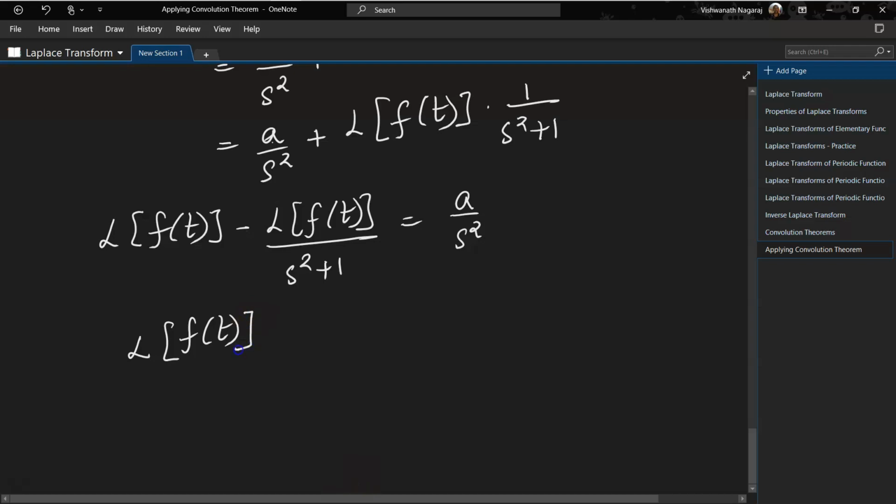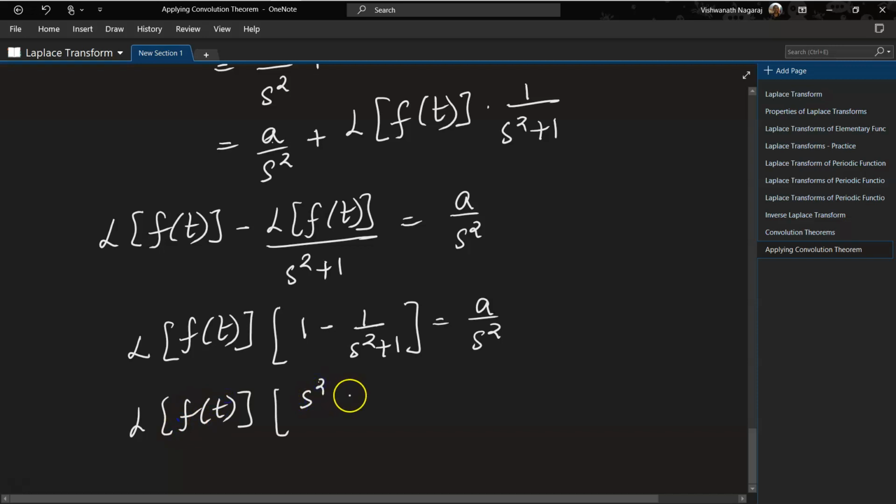out, since it is common to both, and we end up with 1 minus 1 by s square plus 1 is equal to a by s square. So Laplace of f of t times (s square plus 1 minus 1) by (s square plus 1) is equal to a by s square.